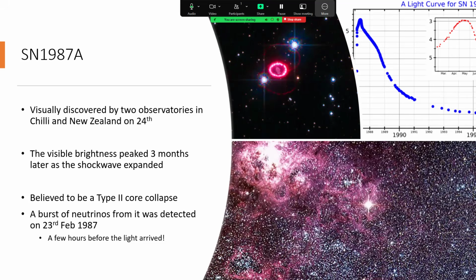So it's fairly common for the neutrinos to get here first from the very start of the event. And the arrival of those neutrinos tells us that this was probably the result of the core collapse.